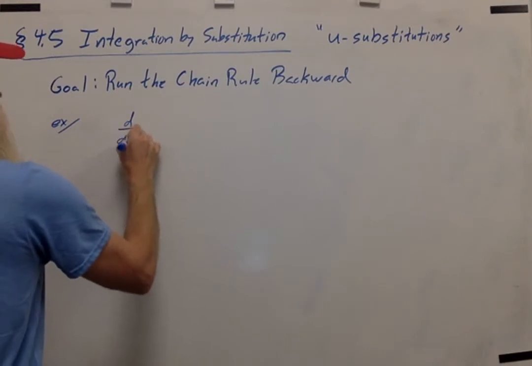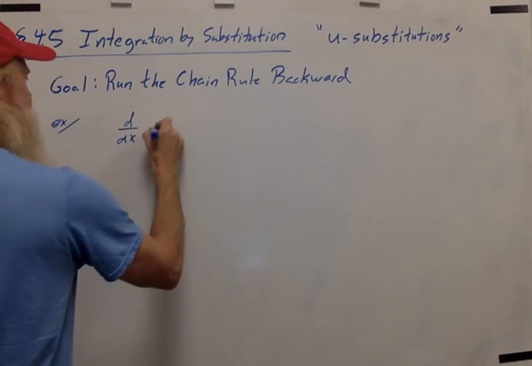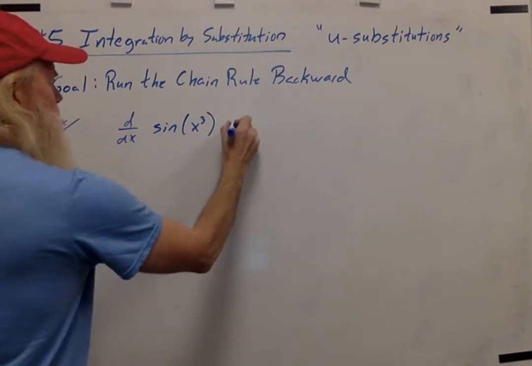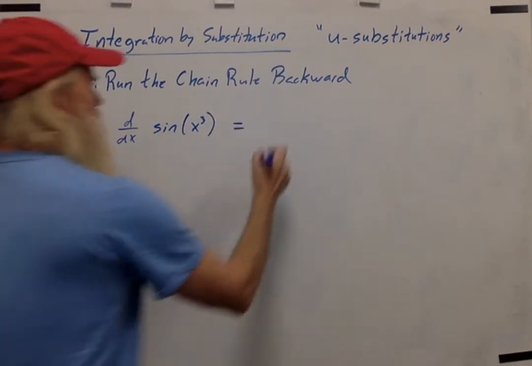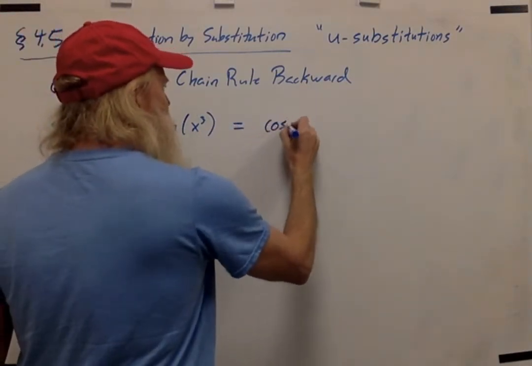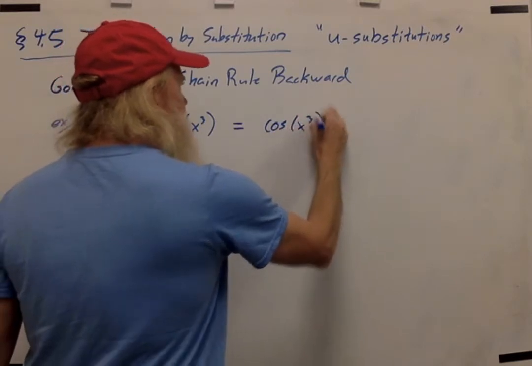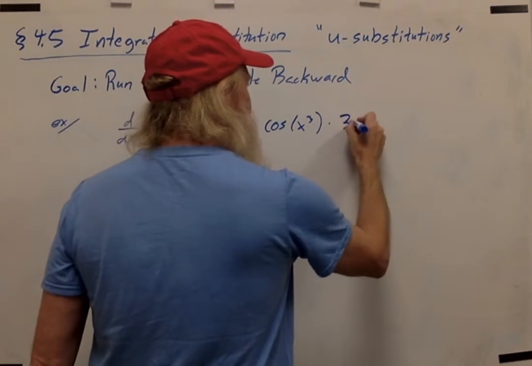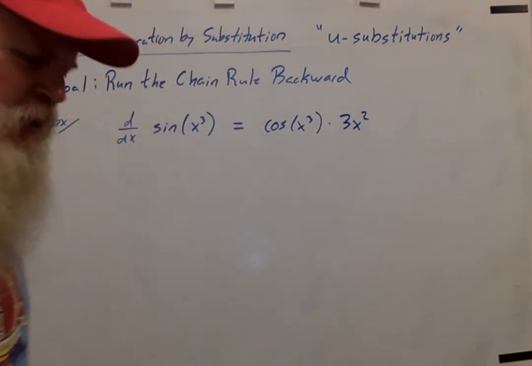We know that the derivative of sine of x cubed is equal to cosine of x cubed times the derivative of the inside, which is 3x squared.